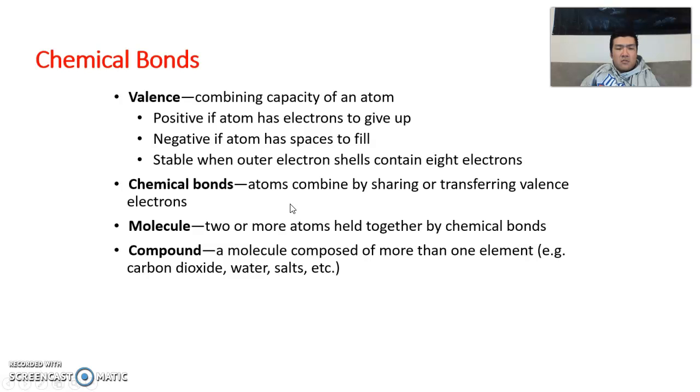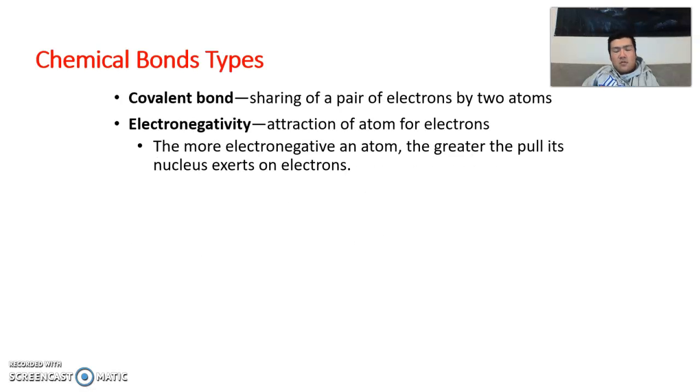And so what we end up coming across is atoms that form ionic bonds, as well as atoms that form different types of covalent bonds.